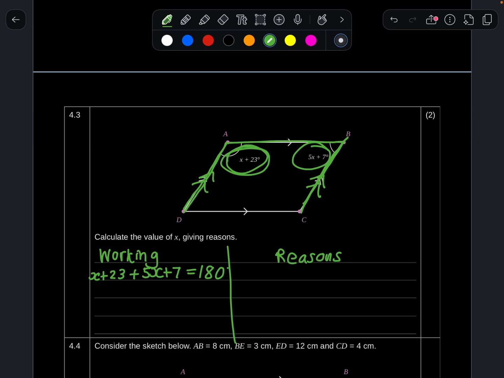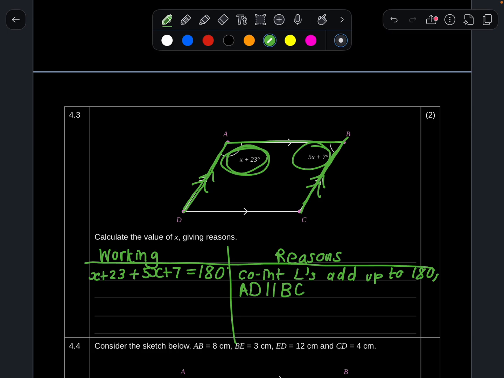The reason is co-interior angles add up to 180 degrees. And then you always need to tell which lines are parallel. So we're using AD is parallel to BC.